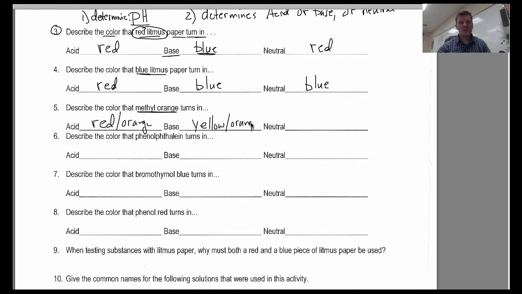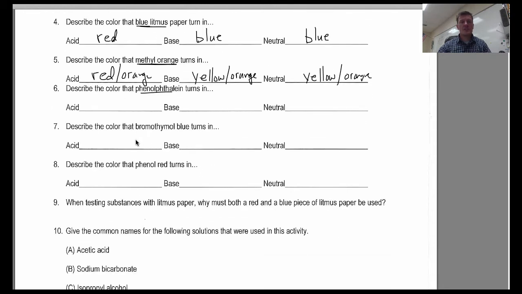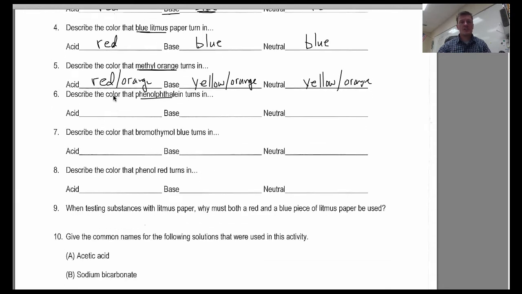Not a huge distinction between them. And neutral was yellow-orange. So that one may not be as helpful when you're trying to distinguish between base and neutral, for example. For phenolphthalein, if you put it in an acid, let me just look at an example here. It was colorless. Acid was colorless.